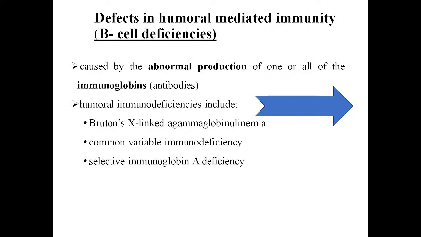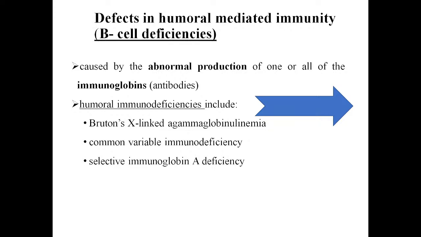B-cell deficiency or defects in humoral mediated immunity. B-cell deficiencies are caused by the abnormal production of one or all of the immunoglobulins or antibodies. Firstly, let's remember which immunoglobulins you know.